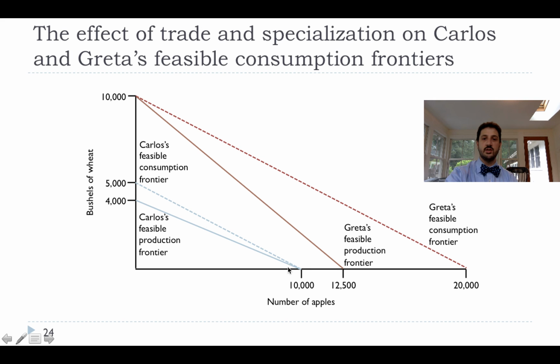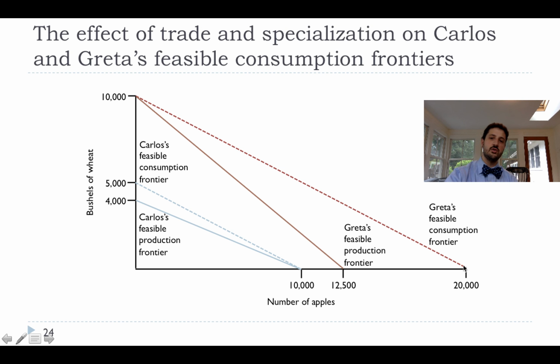And Carlos can produce all apples and then trade it for some wheat. Now, the interesting thing is that this model doesn't exactly tell us the trade that's going to happen, but it does tell us that trade is possible because they have different comparative advantages.